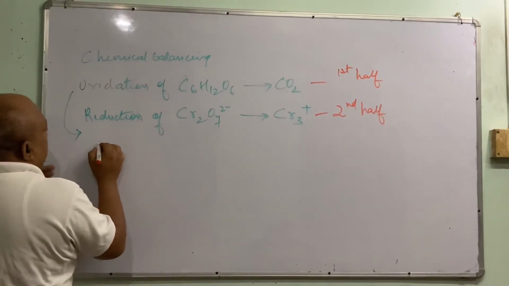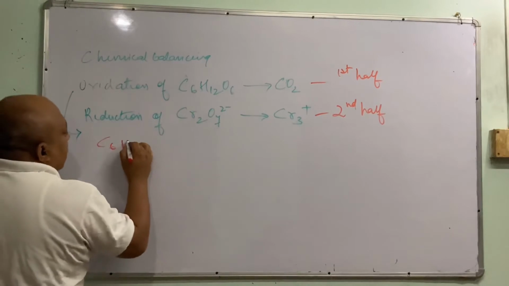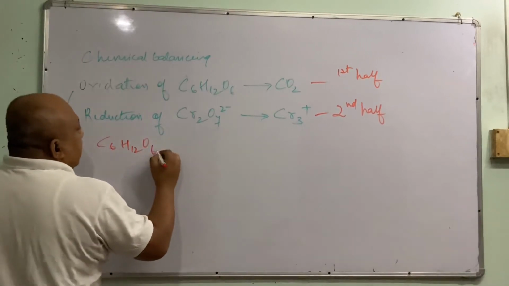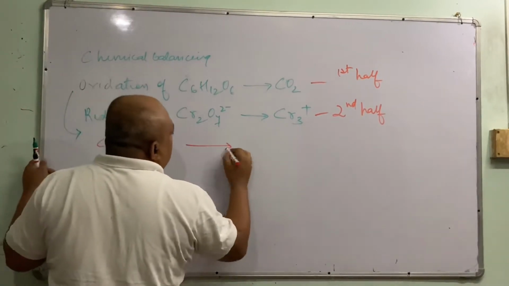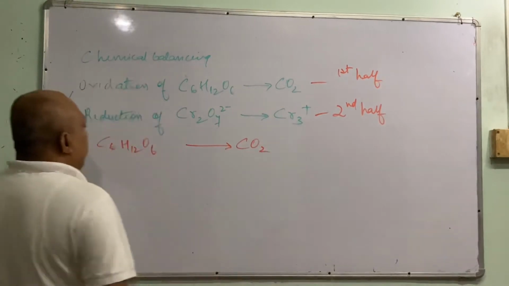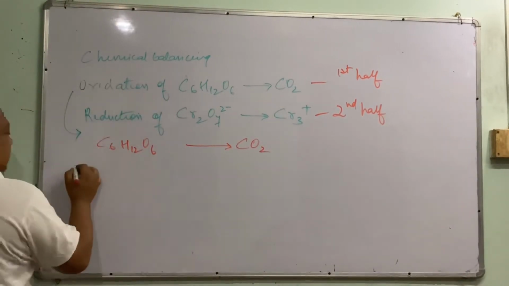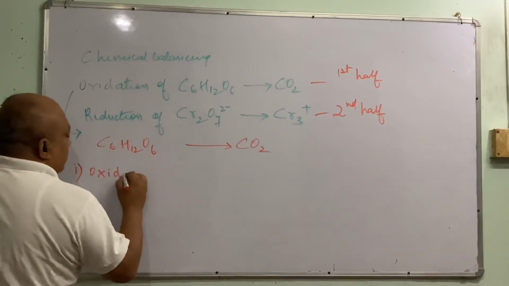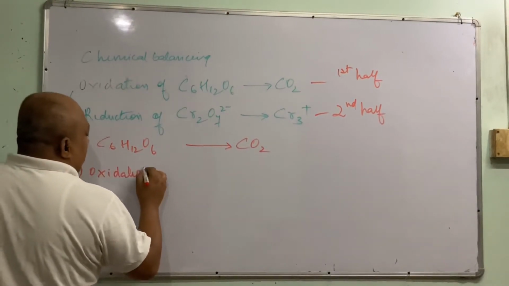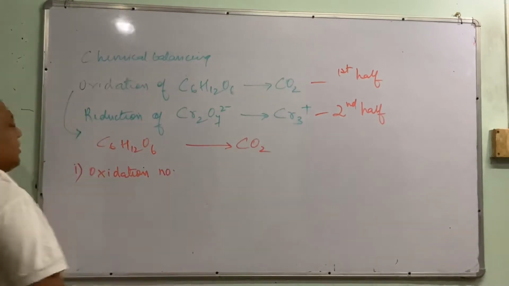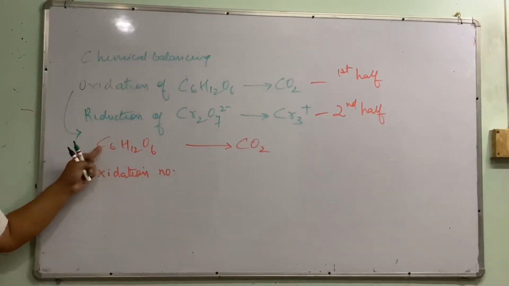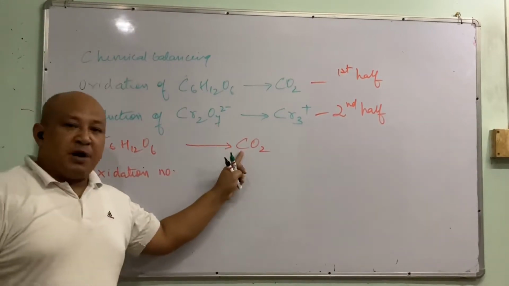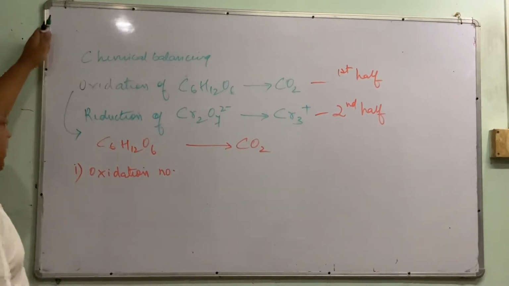So C6H12O6 is going to oxidize to carbon dioxide. In chemical balancing, the first step is the oxidation number. There are 4 steps. See, what is the oxidation number of carbon over here and over here? I'll tell you how to find it.